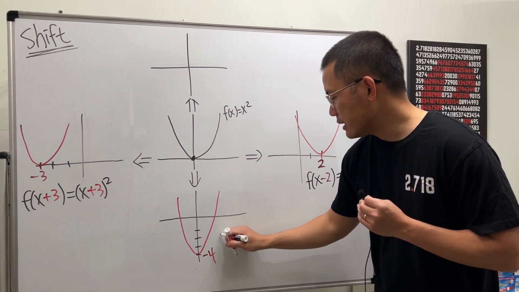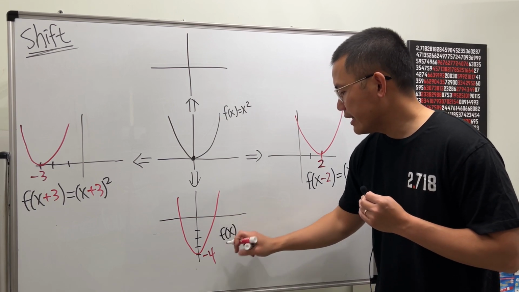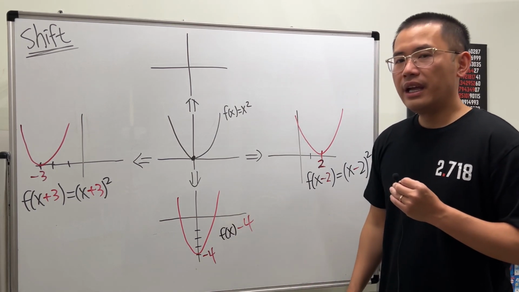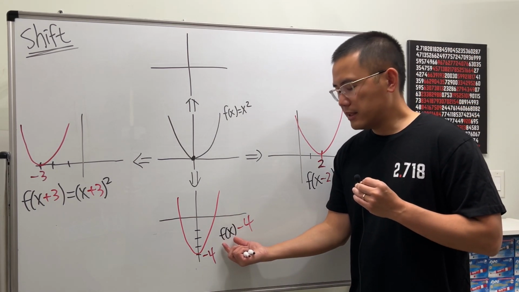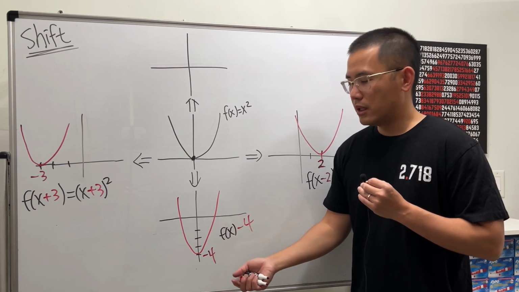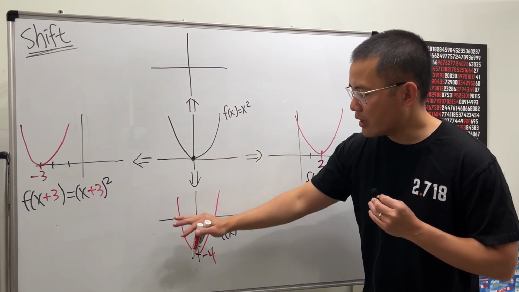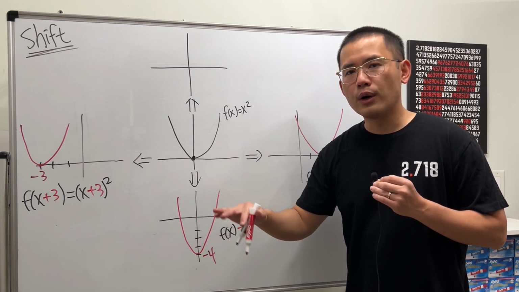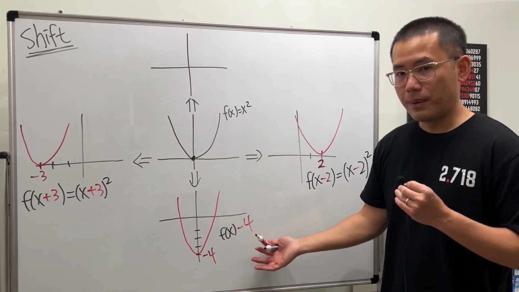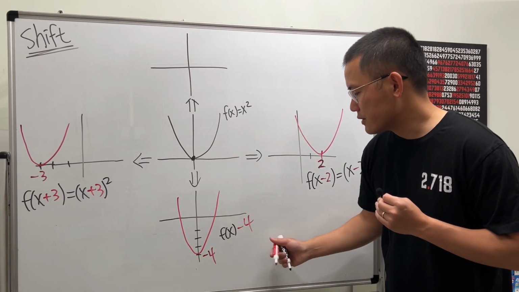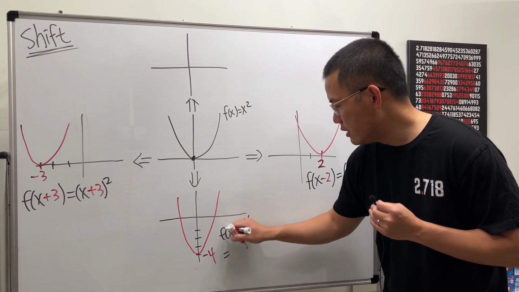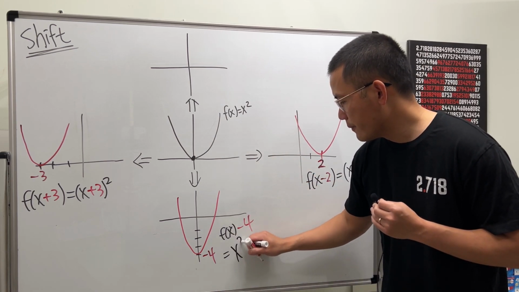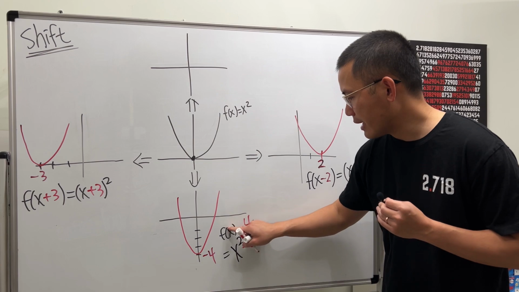So the function here is f of x, and then just go ahead and minus 4. And the reason is because f of x represents the y value. And now, because the graph is going down 4 units, the entire y value will go down 4 as well. So you do this minus 4. So the equation is x squared, and then after that, you have the minus 4.